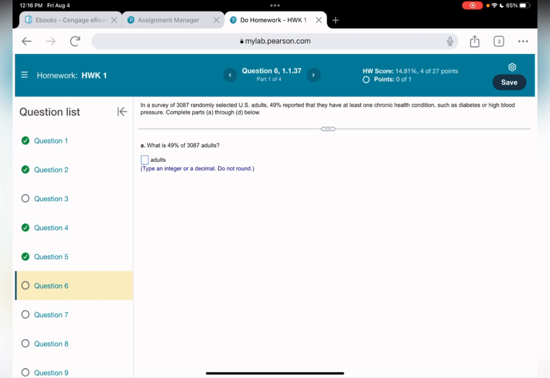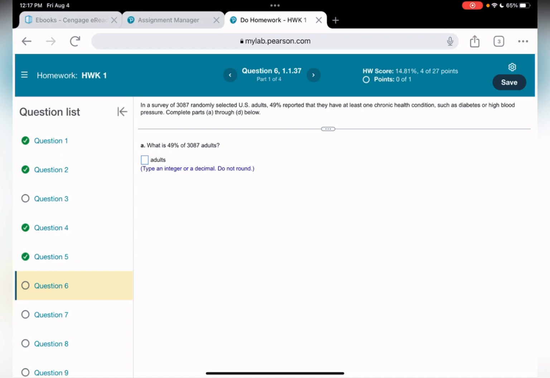Oh, okay. So part A, if we have 49% of 3,087, what are we going to do? We take 0.49, because we can't use the format of percentage, so we convert to decimal notation, which is going to be 0.49.